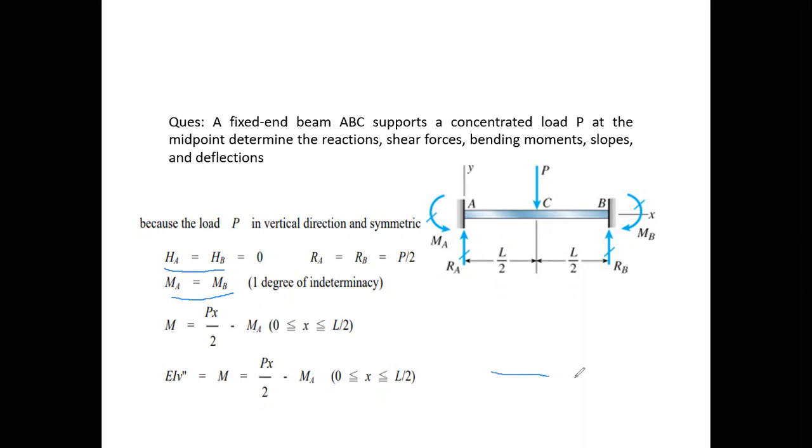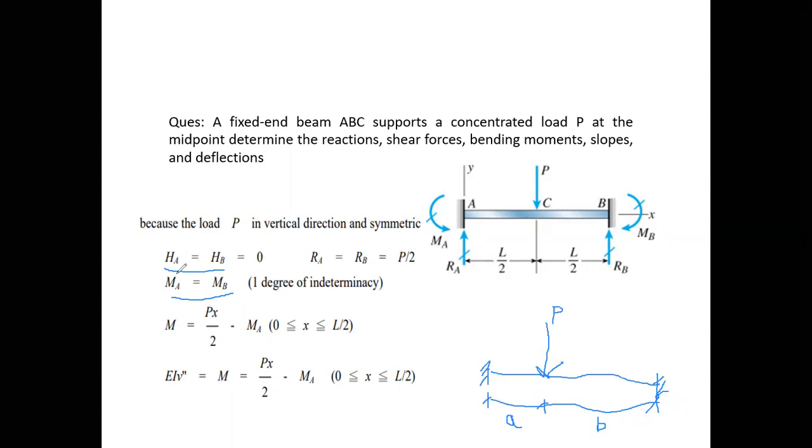But if the case wasn't like this, if this load P was acting like this and this end was fixed, also this end was fixed, then this distance would have been say A, and this would have been B. Then in this case, this MA will not be equal to MB, because the moment at this part will be different from the moment in this part.